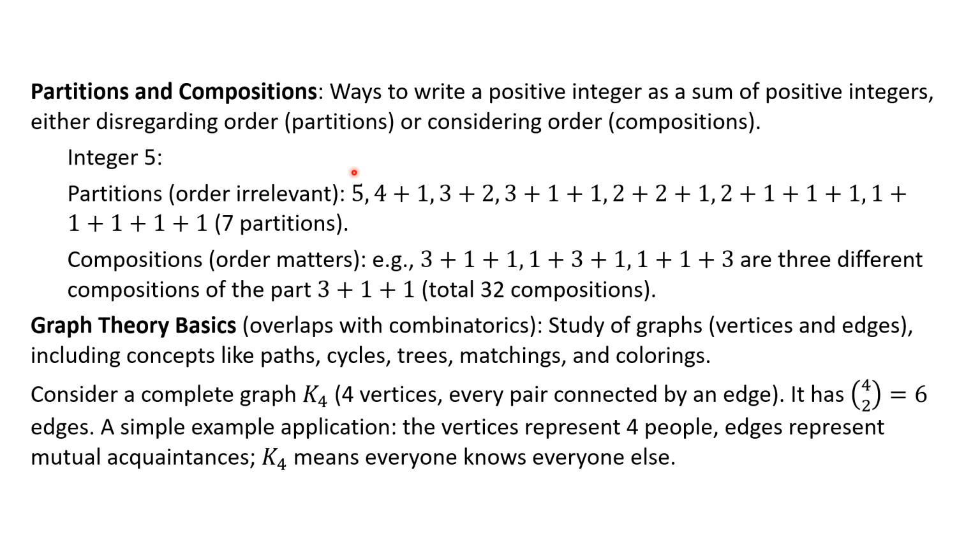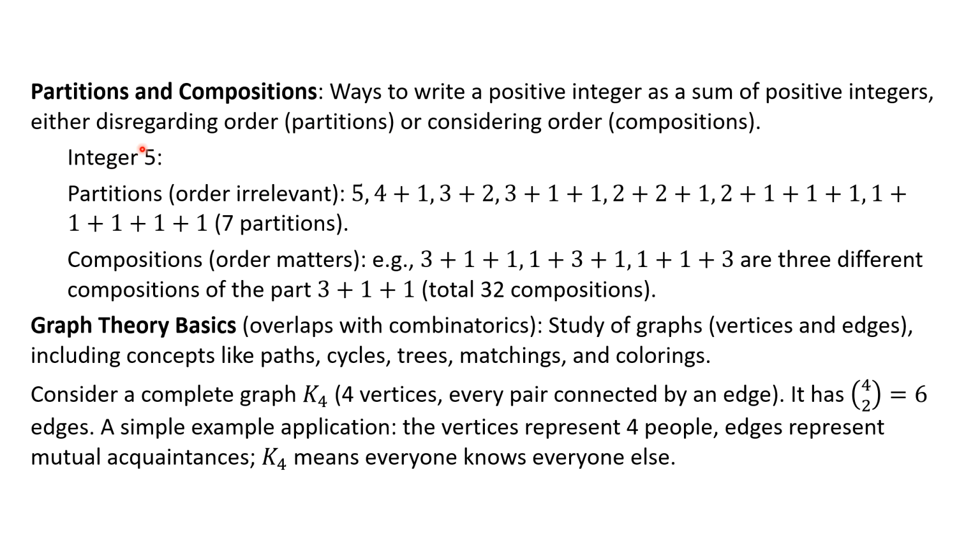I have a couple more items here on this slide. So we have partitions and compositions. It's the number of ways to write a positive integer as the sum of positive integers. In the case where you don't care about the order, they're called partitions, and where you do care about the order, they're called compositions.